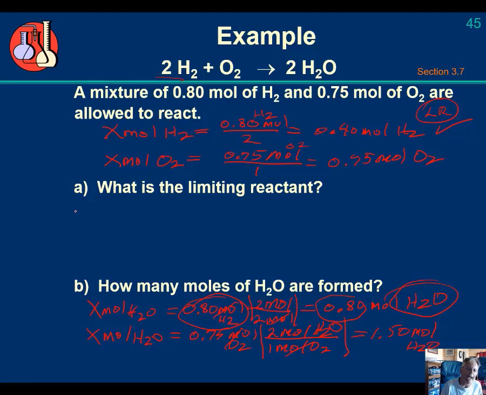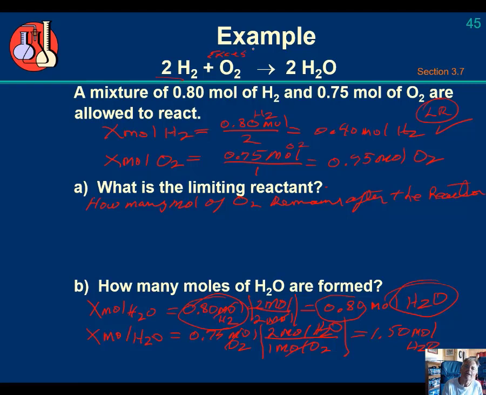So I'm going to ask one more question. How many moles of O2 remain after the reaction? Now, we know that we're going to have some O2 left because it's the reactant that exists in excess.